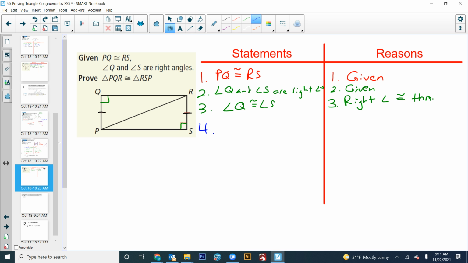Now we have to look to the picture. Anthony, go for it. RP is congruent to PR. Is that the right order? R, P, P, R, yeah. Reflexive.